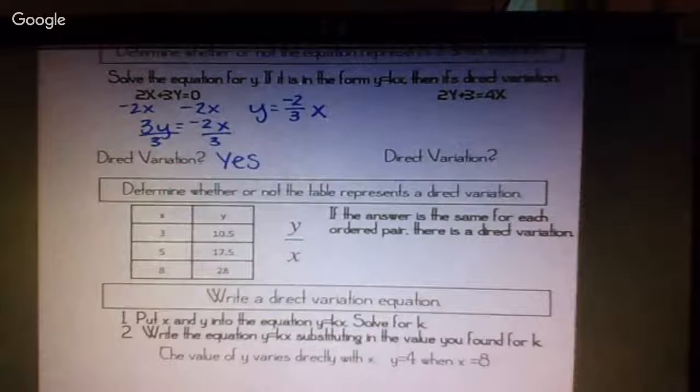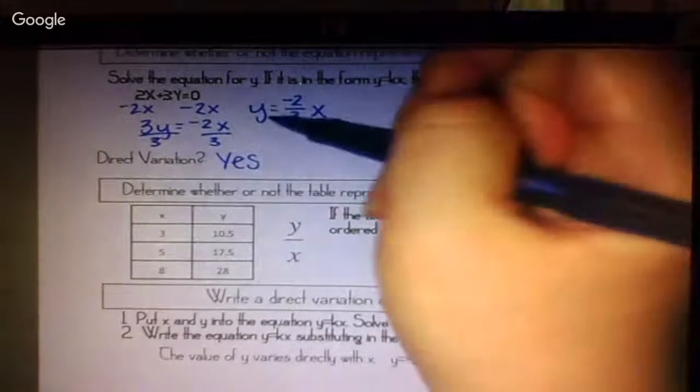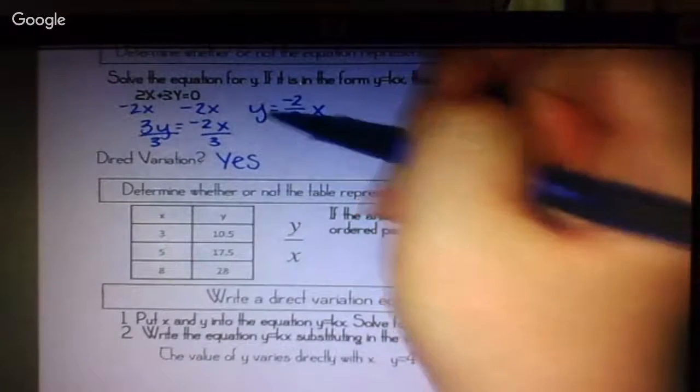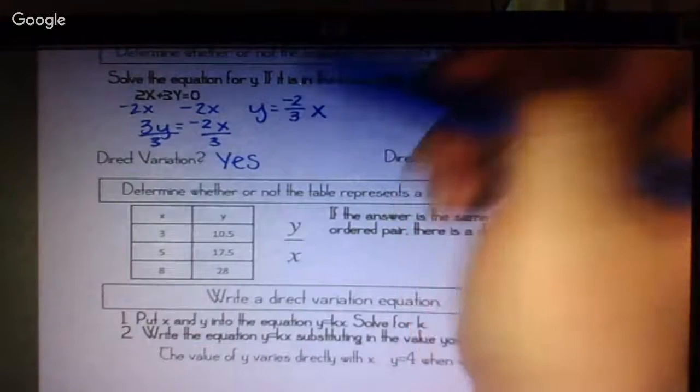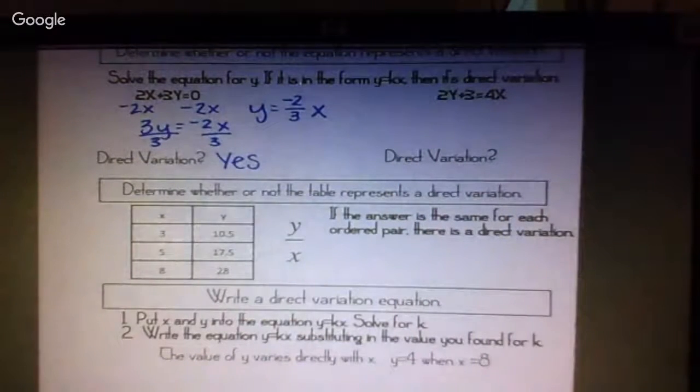We did not divide by 3y. We only divided by 3. Then what happened to the y and x? Your y's right here. We don't divide by 3y. You want y isolated by itself. So what you're trying to do is get the coefficient in front of y to equal 1.